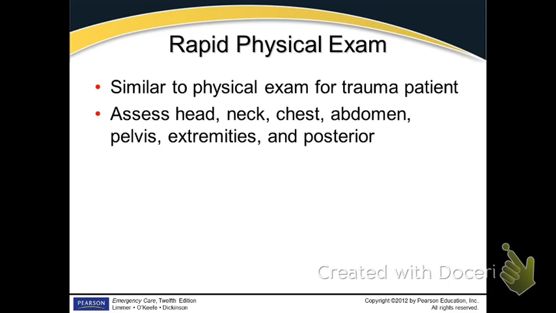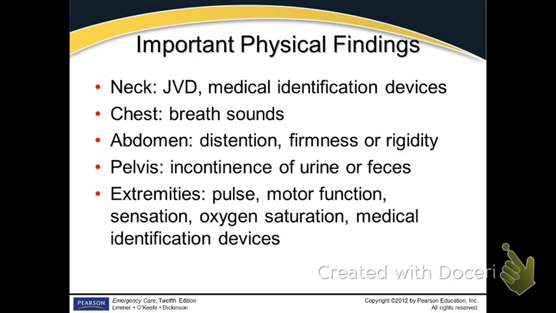Do the rapid physical exam like we talked about, head to toe, very similar to the trauma patient, looking for life-threatening events. And we will get into this towards the end as well, but we'll look at the neck for jugular vein distension, make sure the trachea is midline, listen for breath sounds, look for those medical alert tags, feel the abdomen.